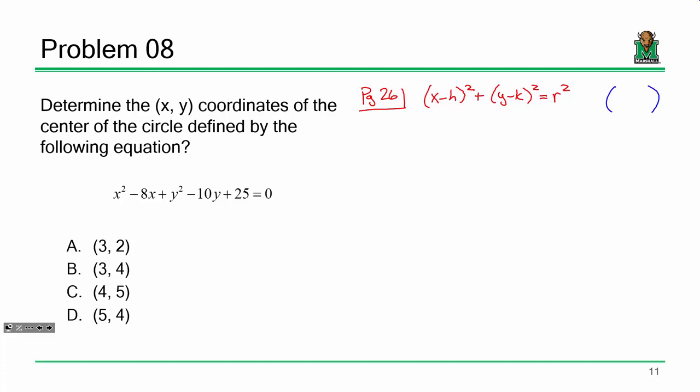It's a point, right? And it's defined by the coordinates h comma k, right? Remember that? So what our goal really is in this problem is to get this equation to look like that, right? So how am I going to do that?